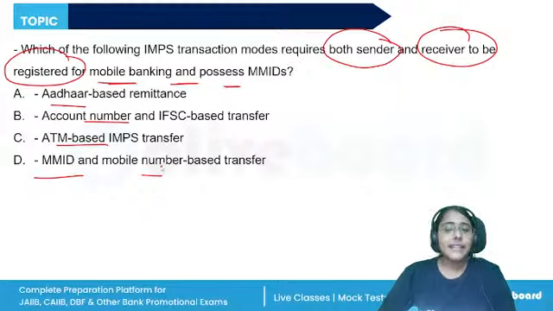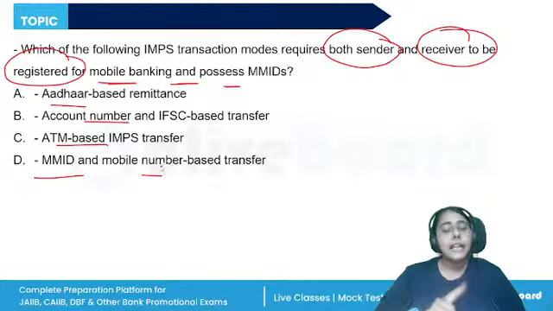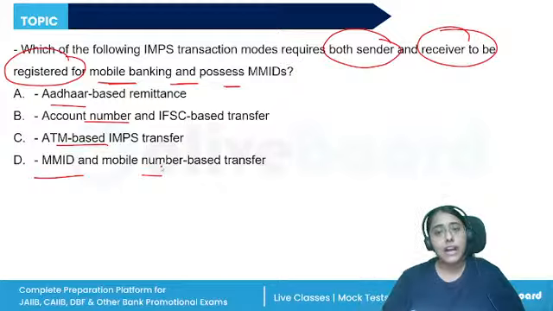Different MMIDs can be linked to the same mobile number. If I'm using the IFSC code and account number, if the beneficiary mobile number is not registered, then by giving the details of their account number and the IFSC, I can still initiate the payment. Using Aadhaar number, the remitter can initiate an IMPS transaction using the beneficiary's Aadhaar number also.